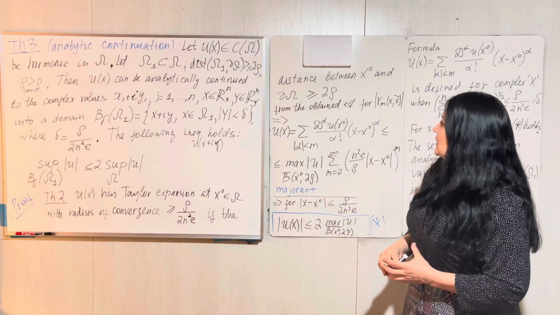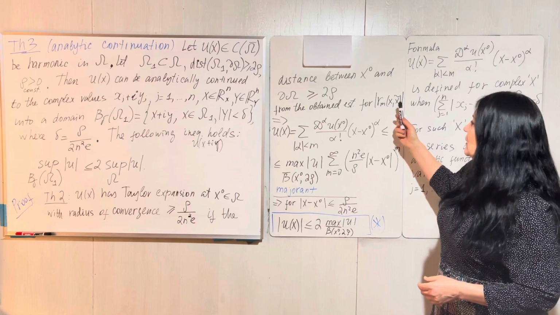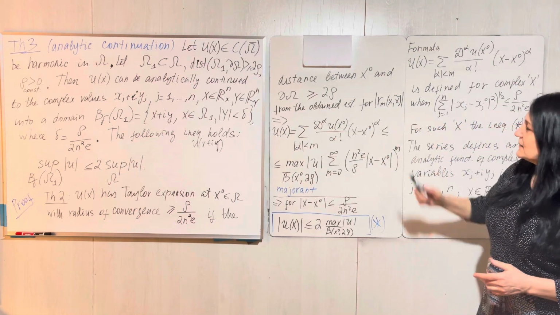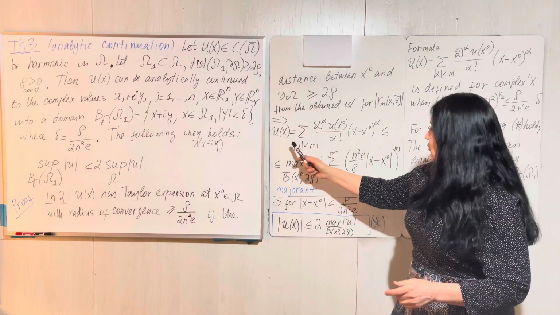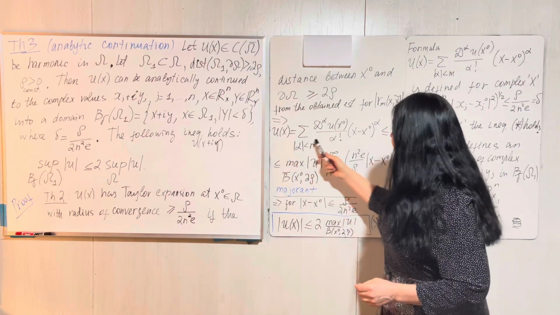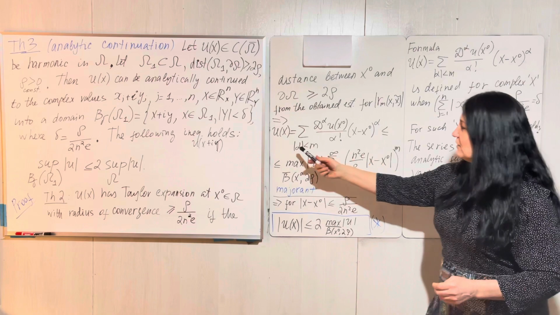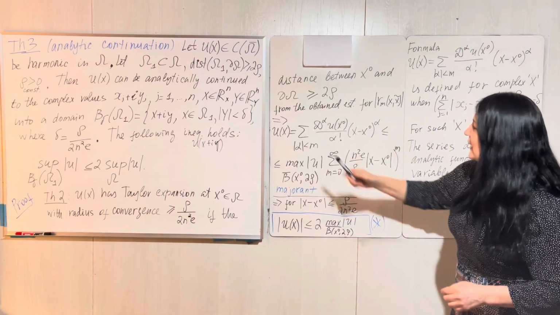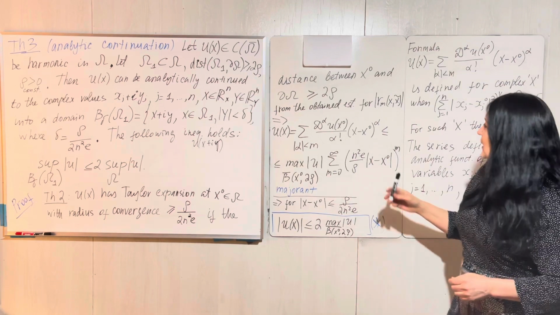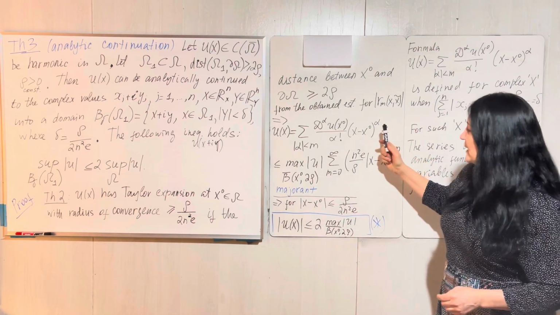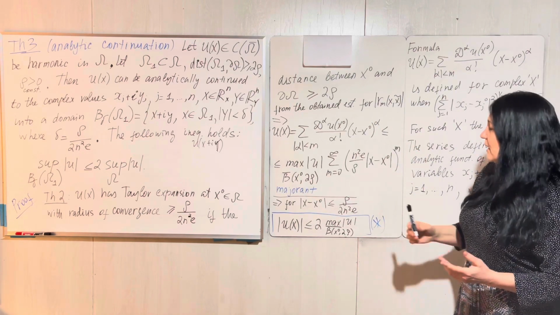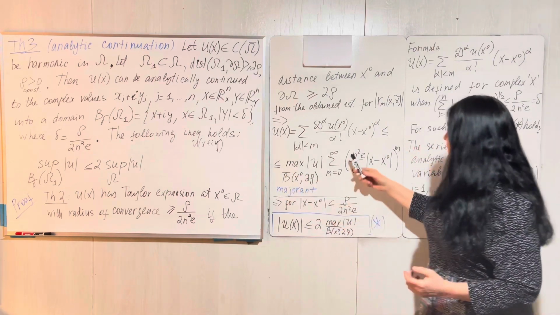And we obtained estimates for the remainder, and now what we can write, if we write the expansion, right, for u of x, we'll write its Taylor expansion, and then from the estimates we know that this series will have a majorant, right?